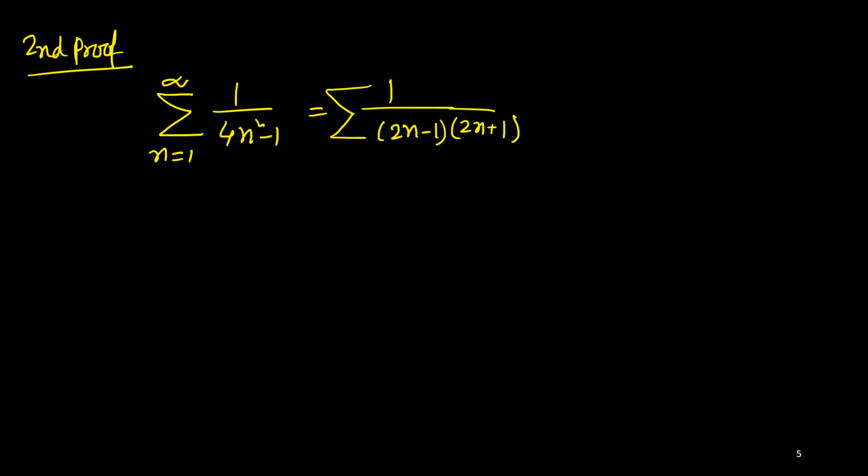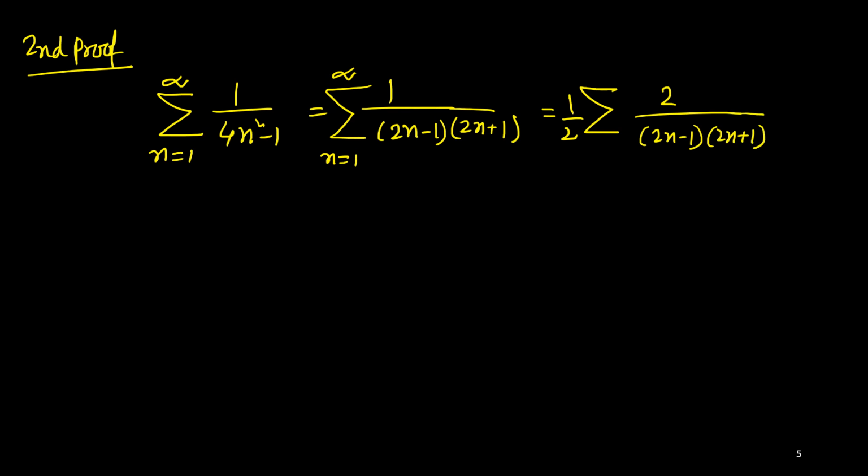If I multiply by 2 here and divide by 2, so it is 2 upon 2n minus 1 and 2n plus 1.